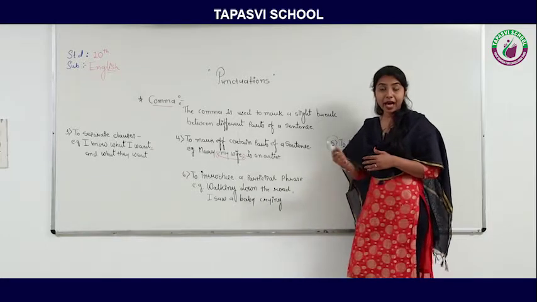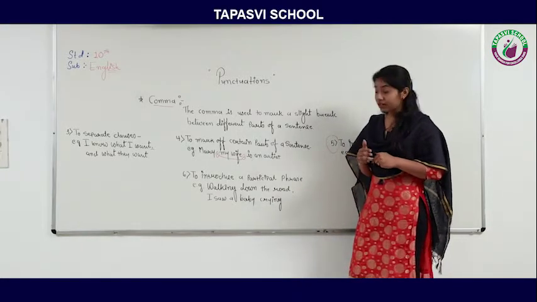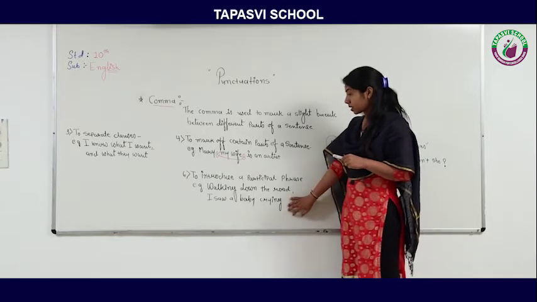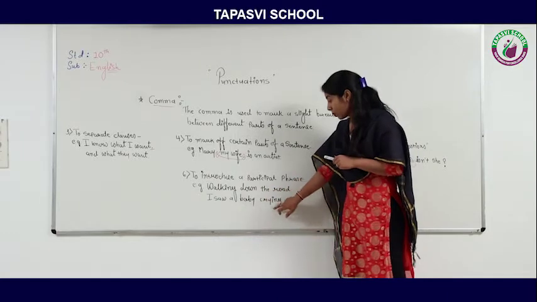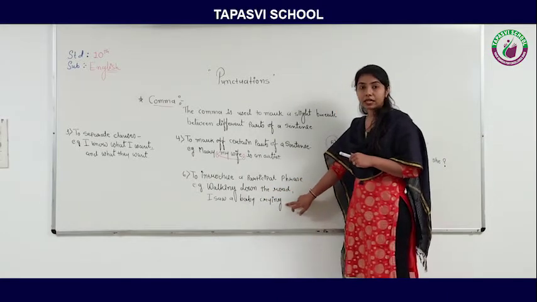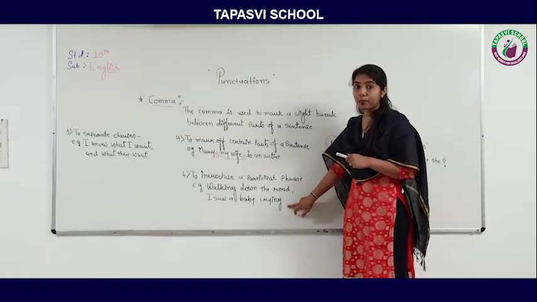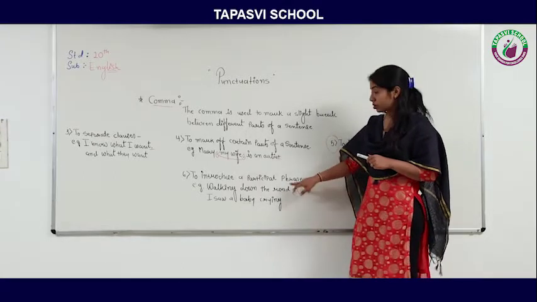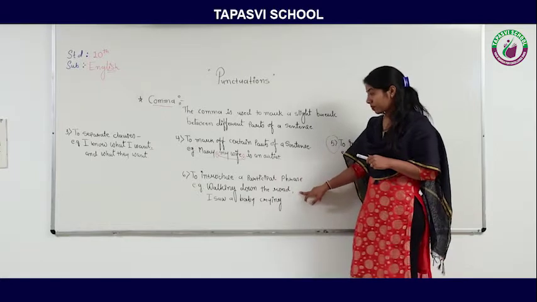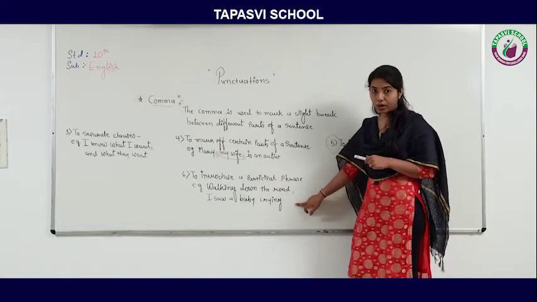At that time I have to use a conjunction, when I take the principal clause first. If this phrase comes at the beginning, then we have to use a comma. So, walking down the road, I saw a baby crying, right.